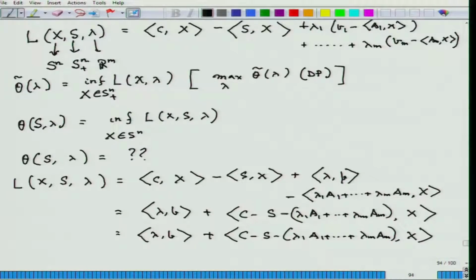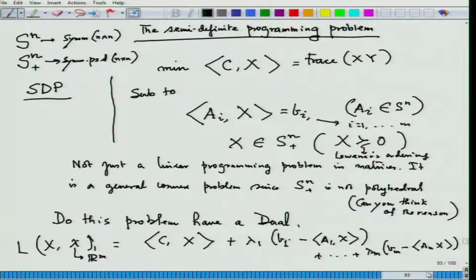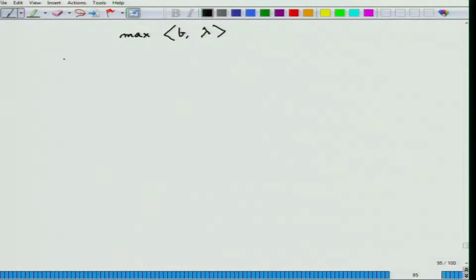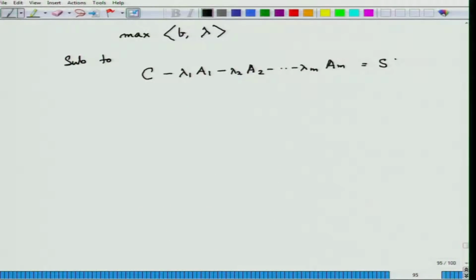So, by the linear programming type of argument, your dual problem is max of b lambda subject to C minus this thing is 0. So, C minus this thing is equal to S and S is in Sn plus.